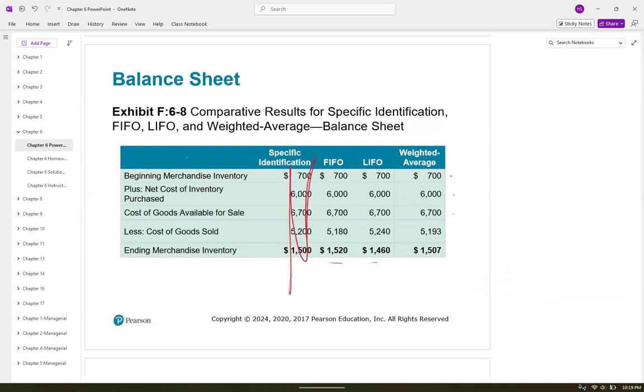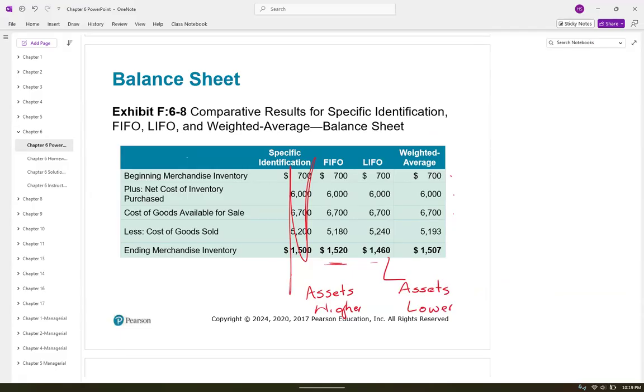So ending inventory underneath FIFO, now this is the balance sheet, is making our assets higher. LIFO is making the assets lower. Again, that only happens in a period of rising prices.